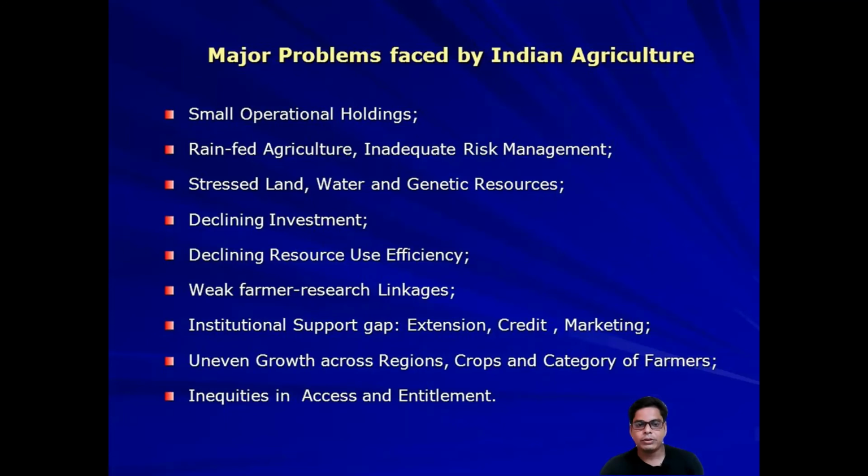Uneven growth across regions and categories of farmers. There should be linkage from one area to another area. If the western area produces cotton, or northern India produces rice or cotton, this area specificity must be there.